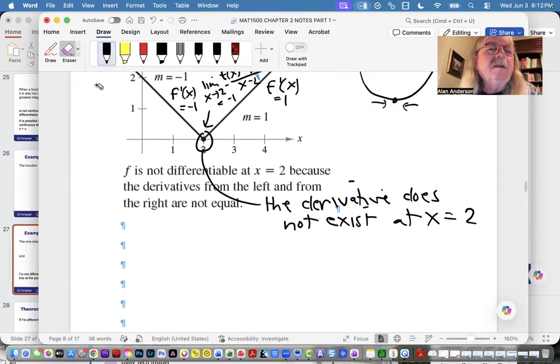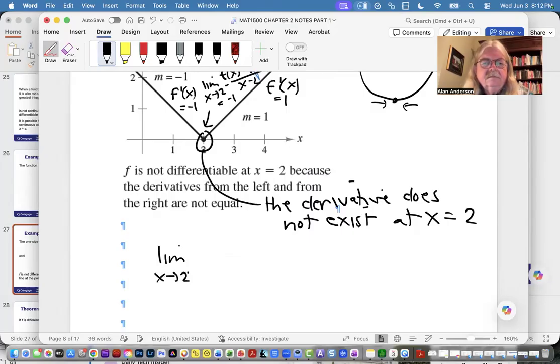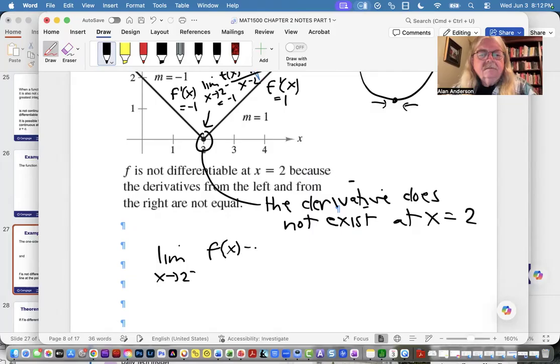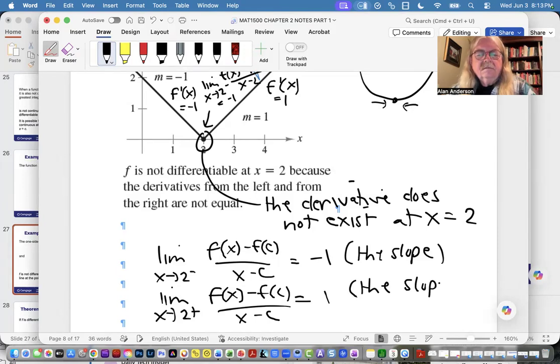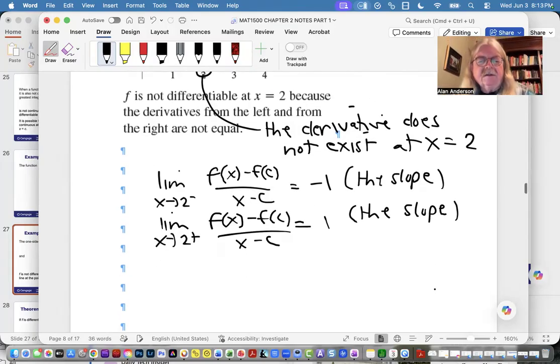All right, let me write it down here where there's more room. And so they're not equal to each other.